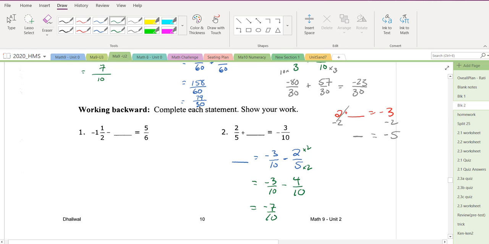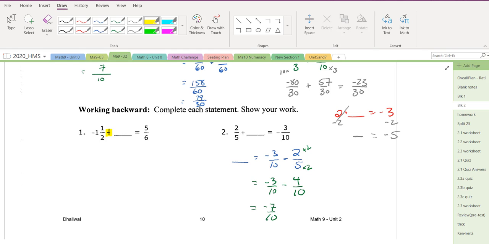Okay. Now, the next one, question number 1, is almost identical to the question we just did. The reason why I did it second is because the only difference is instead of a plus sign, there's a minus sign right there, which adds one extra tiny little step that we have to do at the end. Okay?